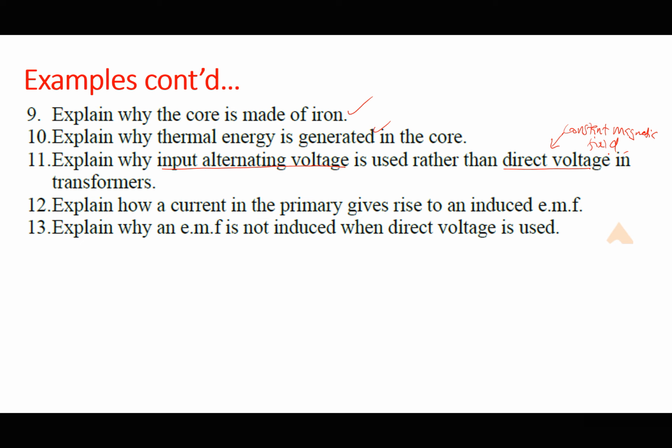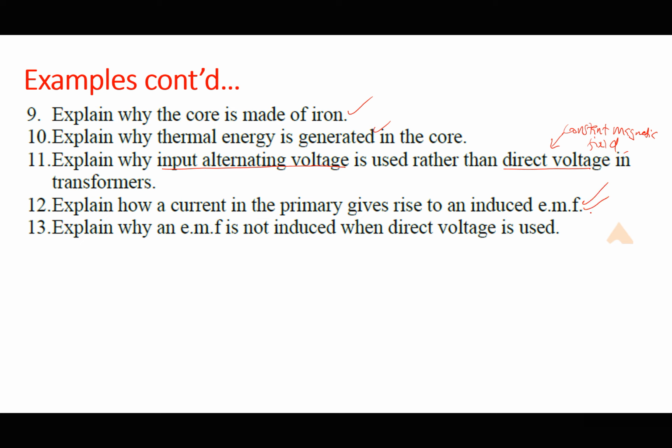So a constant magnetic field will not produce a changing magnetic field. And if we have a constant magnetic field which is not changing, then the induced EMF is going to be zero.